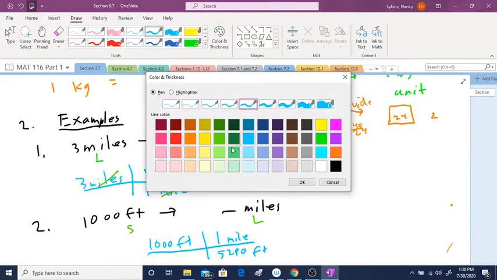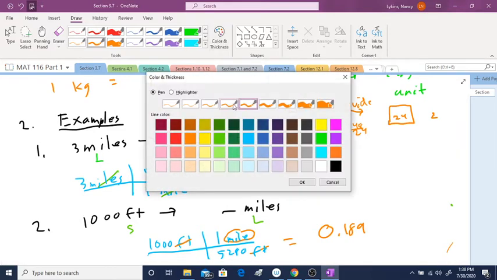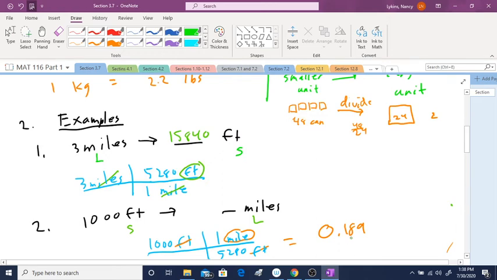Look, the feet cancel each other out. This is the unit that I'm looking for. So you would just say 1,000 divided by 5280. You're going to get a small number. Now, if they ask you to round it to the second decimal, or the hundredth spot, then that would turn into this right here.